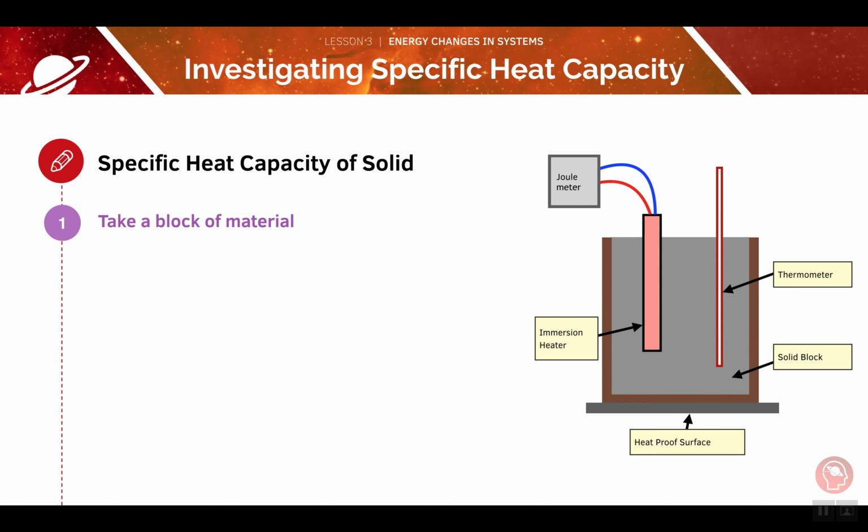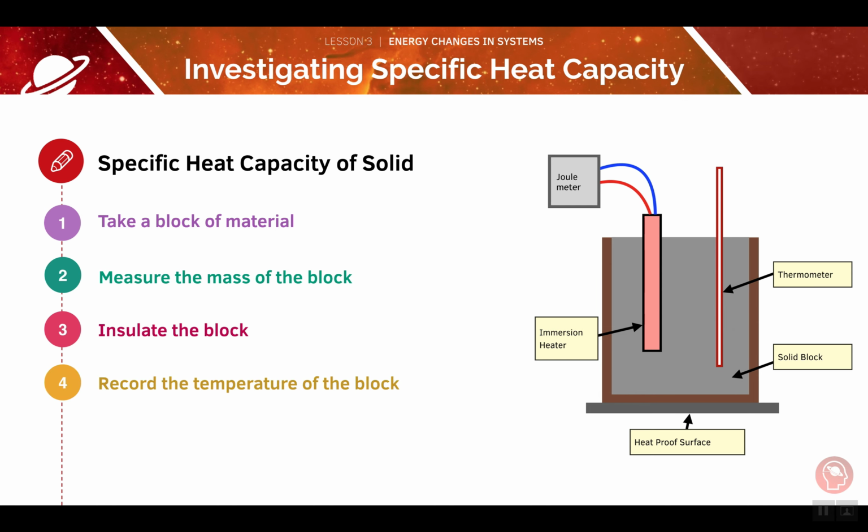Let's quickly recap the steps we've just learned. First, we need to take the block of material. Then we need to measure the mass of the block that we've taken, insulate the block, and record its temperature. Next, we need to attach the immersion heater to a joule meter.